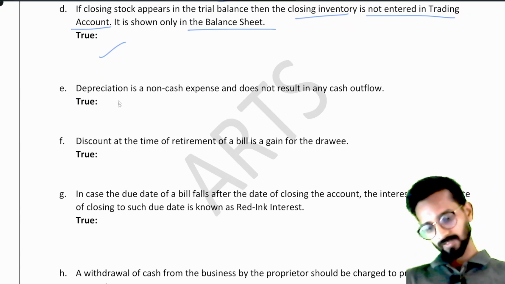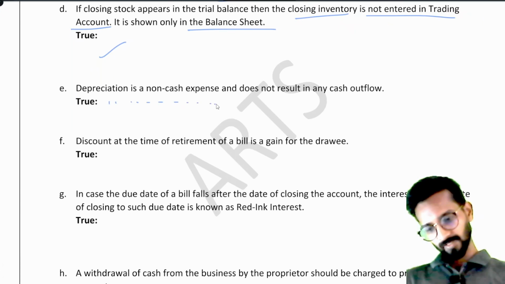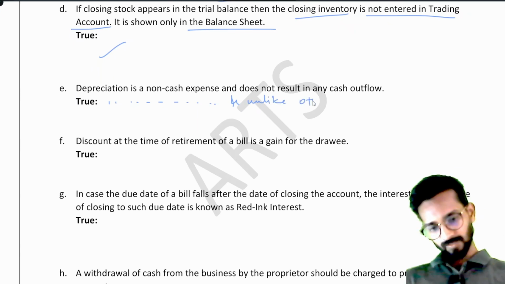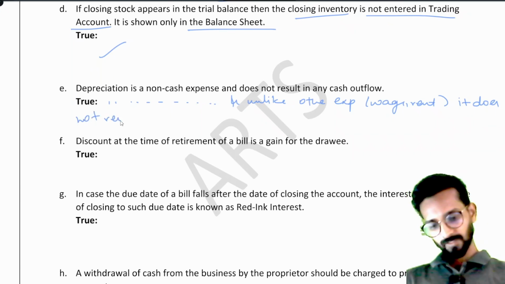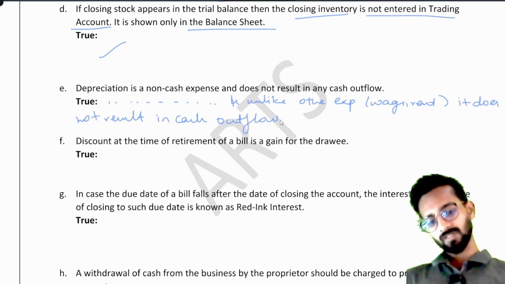True, you can write here that depreciation is a non-cash expenditure, and unlike other expense like wages, rent, it does not result in cash out. Brother, nobody has been paid money, the value of the machine has reduced.